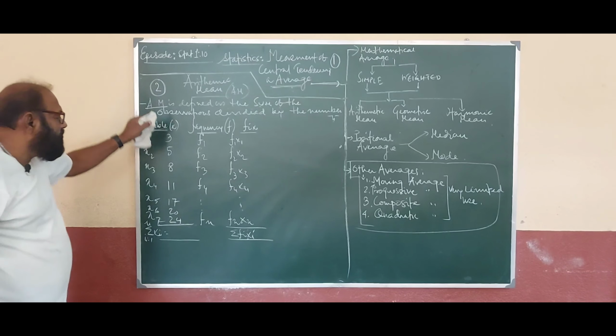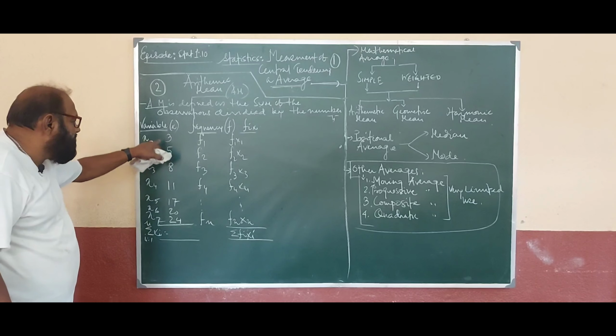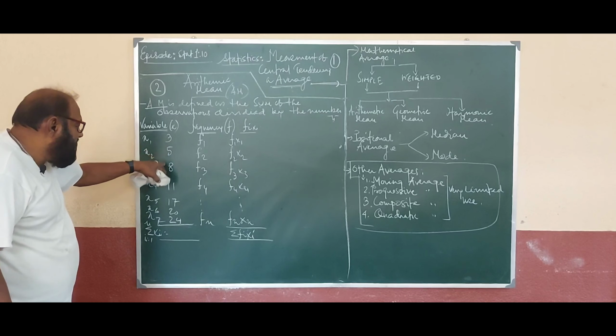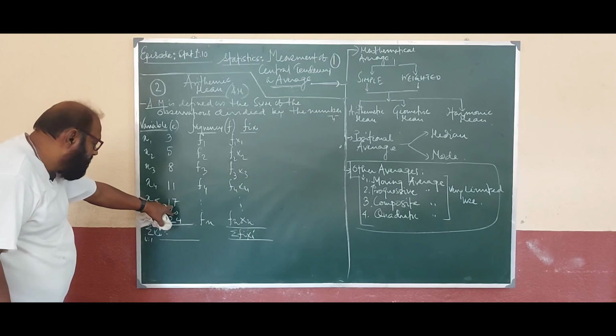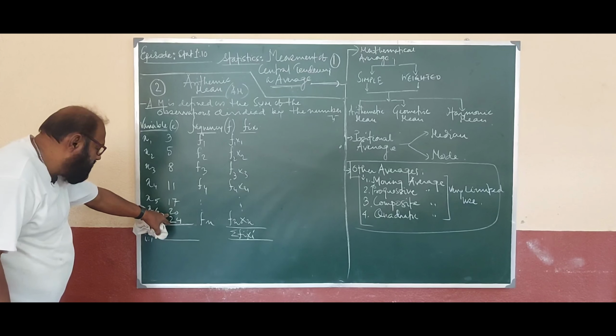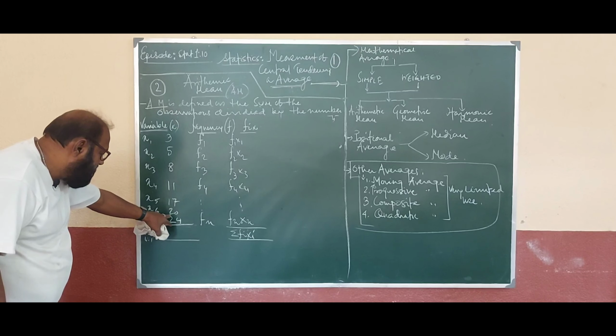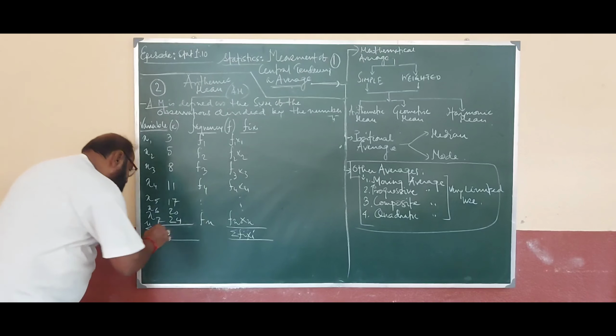Now what is the sum total of all the values? 3, 8, 16, 27, 44, 64, and it is 88.